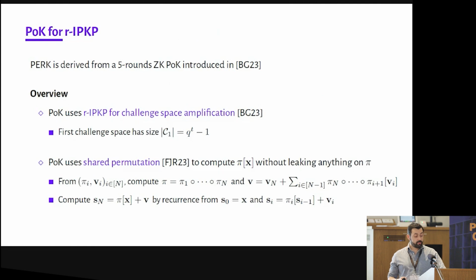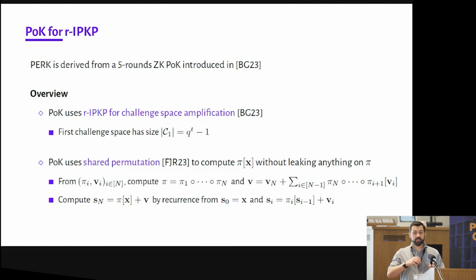The second ingredient that is important for PERK is the use of the shared permutation technique. This technique allows us to compute the permutation of some vector x without learning anything about pi, and it follows the MPC-in-the-head paradigm. You have some shares, a permutation, and a random vector that plays the role of a mask.